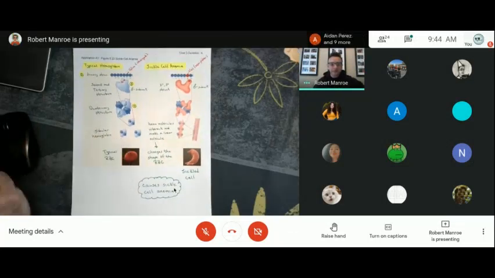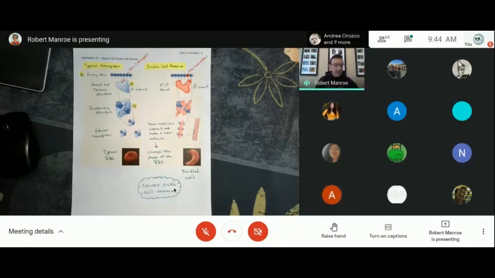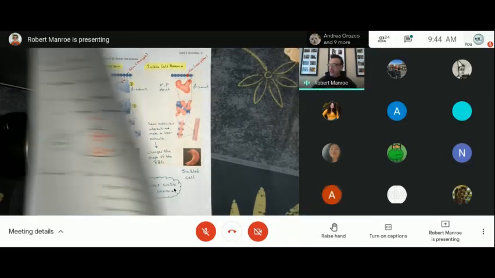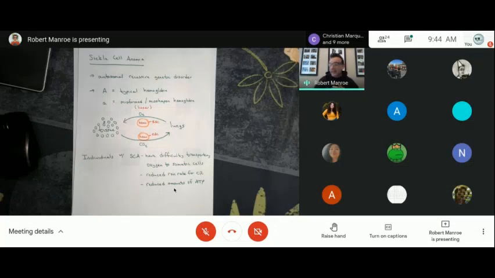What is the purpose of that protein? The purpose of hemoglobin is it's inside of the red blood cell, and hemoglobin bonds to oxygen and carbon dioxide, and it is actually the protein that's responsible for gas exchange. So hemoglobin grabs oxygen in the lungs, goes to the somatic cells and lets the oxygen go for cellular respiration.